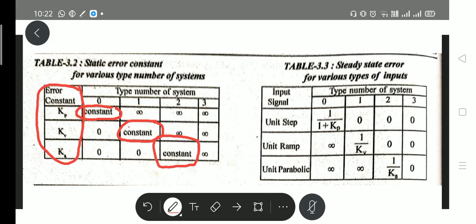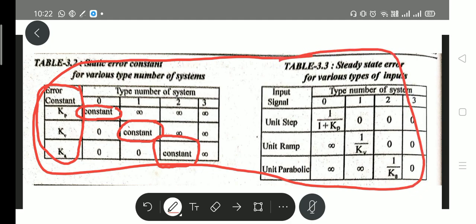And in type 2 systems, the steady state error is 1 by Ka, when the input is unit parabolic. These two tabular columns are very important. You can remember these two tabular columns, then you can do problems very easily.